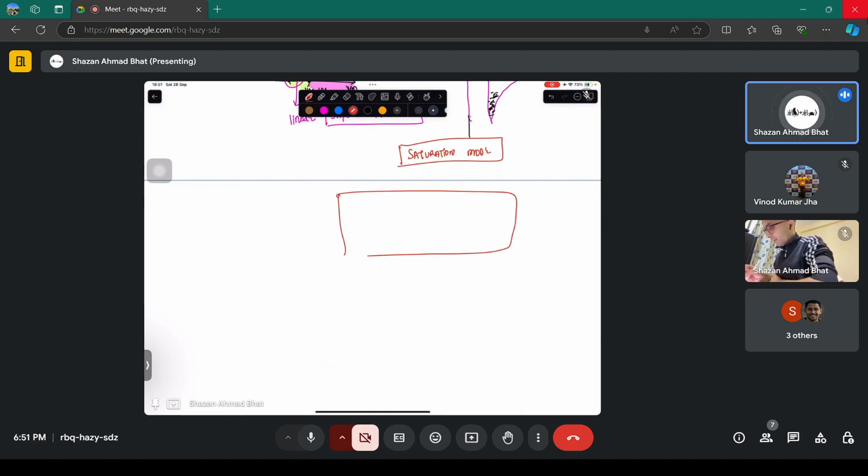Let me draw the transistor again. This is the oxide. This is the gate. This is the body terminal. Let's say you have applied here a gate voltage which is greater than threshold voltage, obviously, and you have applied the drain voltage equal to VGS minus threshold voltage, so that it is in the saturation region.